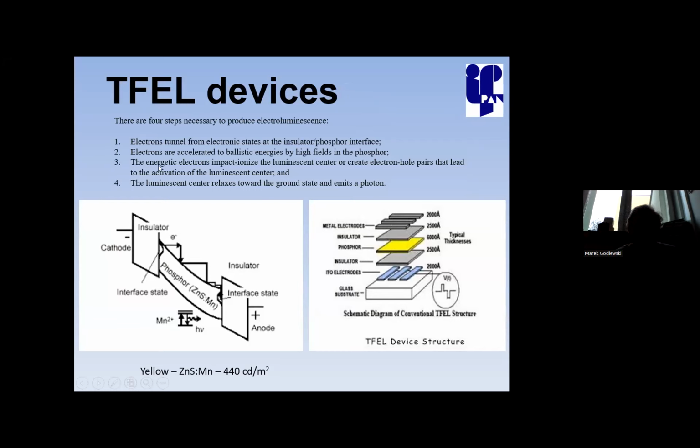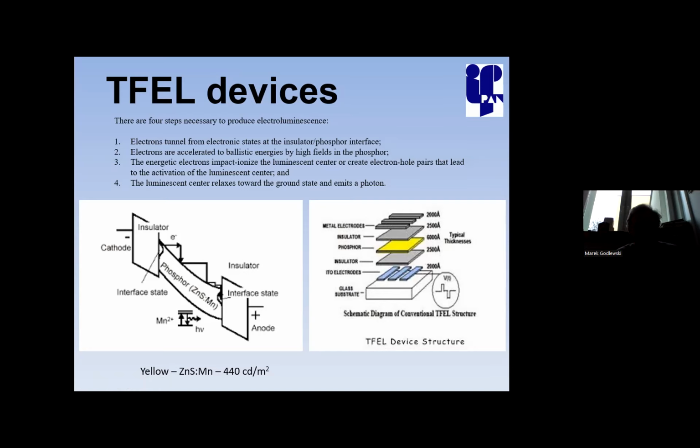The idea was first based on an observation from many years before, coming from the former Soviet Union, that if we take such a phosphor, zinc sulfide with manganese, and bombard it with electrons, we can observe relatively bright yellow-orange emission.